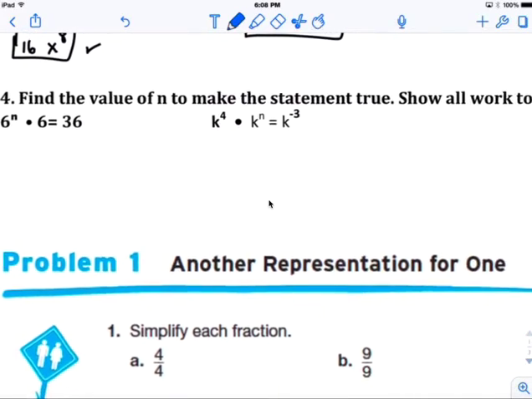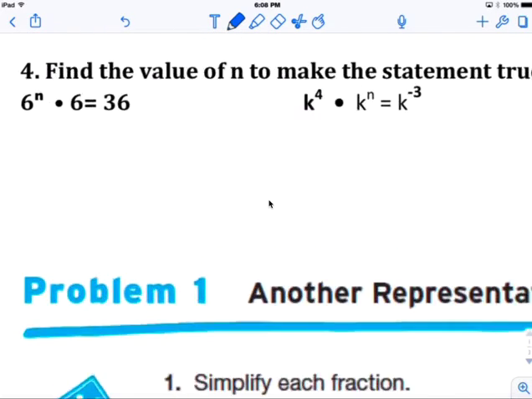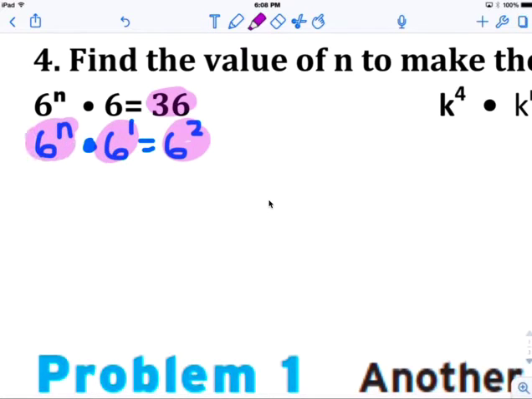Find the value, make the statement true, show all work to support your answer. Okay, this is 6 to the n times 6 to the 1, and then to make 36 is 6 to the 2nd. Okay, you change this 36 to a base of 6, just like all of these have a base of 6. 6 times 6 is 36, okay?